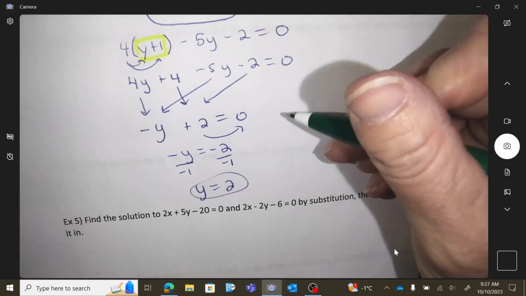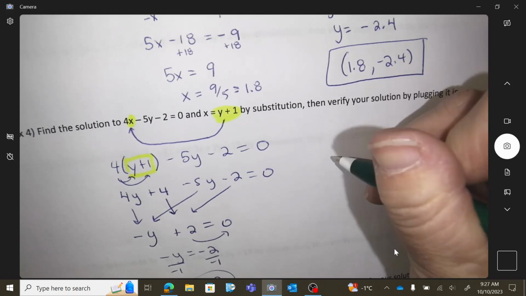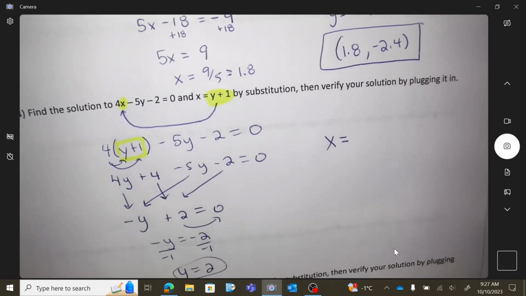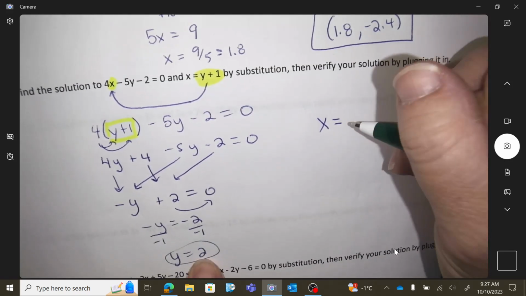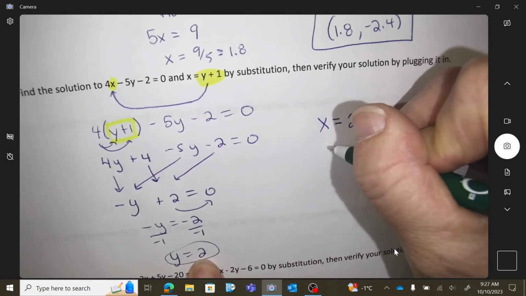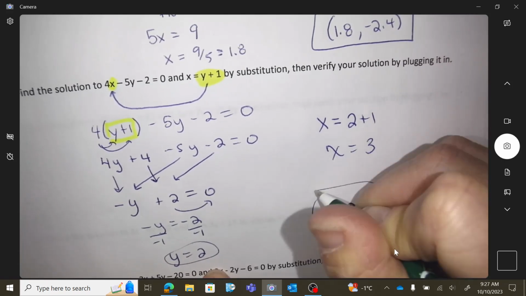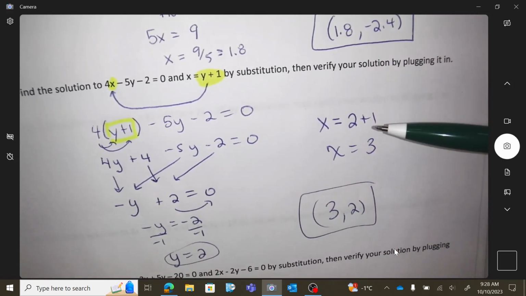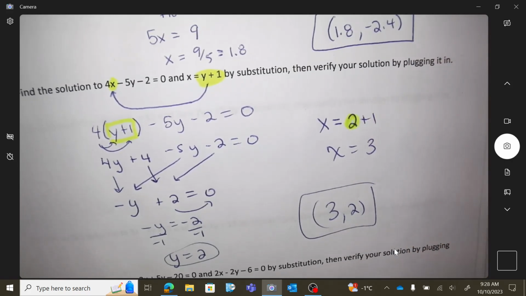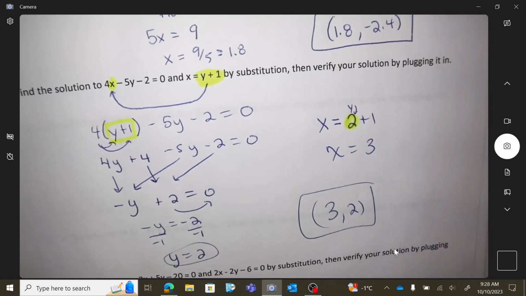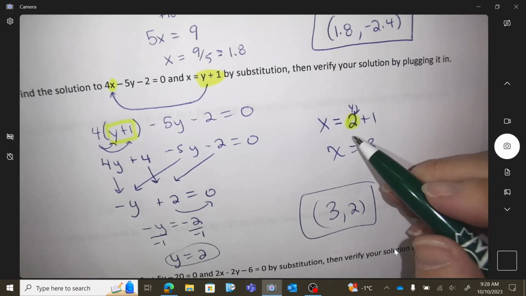Now we're going to go into the top here, x equals, and instead of y, I now know y is 2. So I'm going to replace. Okay, so that's what I was doing. I knew the value of y now was the value 2.